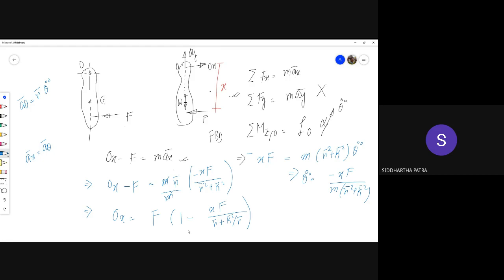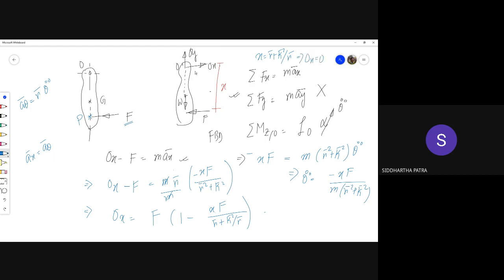Now, if I choose X equals R bar plus kappa bar squared divided by R bar, or in other words, if I apply that horizontal force, no matter what magnitude, that could be 10,000 Newton, but if I apply that while it is in equilibrium at the center of percussion, this OX becomes 0.